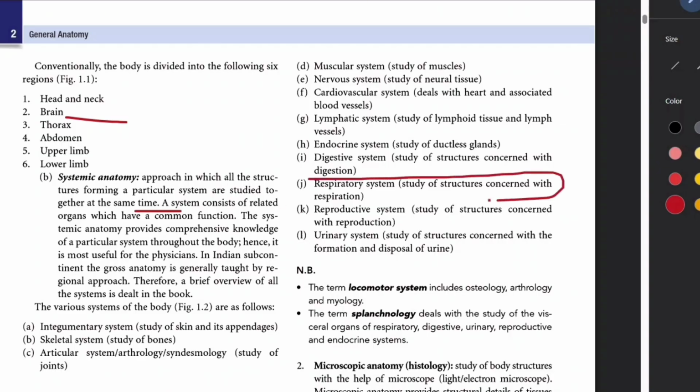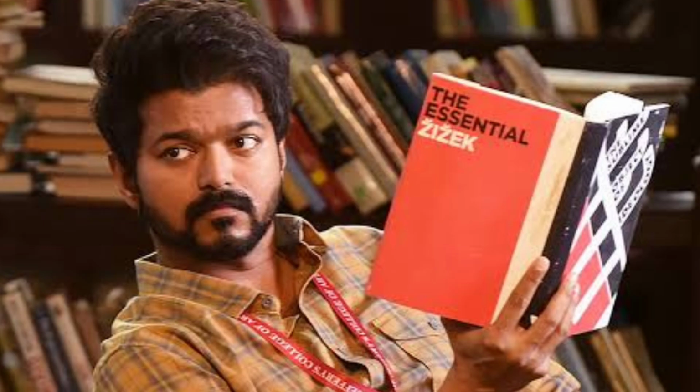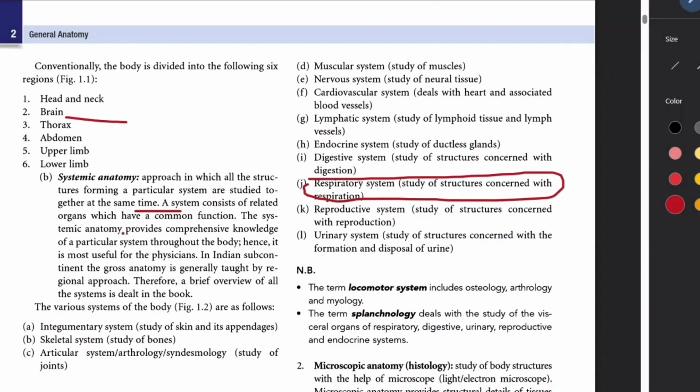For example, you take the respiratory system and study it, and systemic anatomy provides comprehensive knowledge of a particular system throughout the body. Hence it is most useful for physicians. What exactly do we study in systemic anatomy?